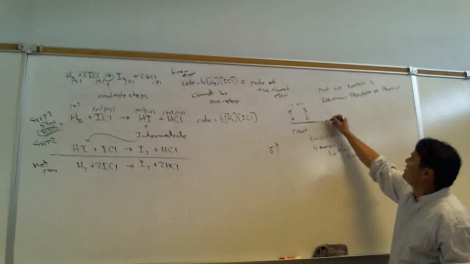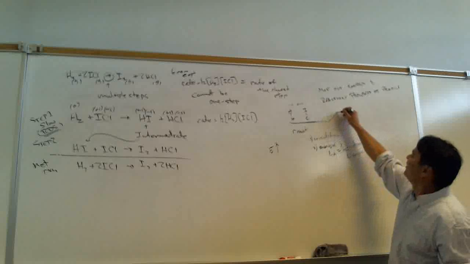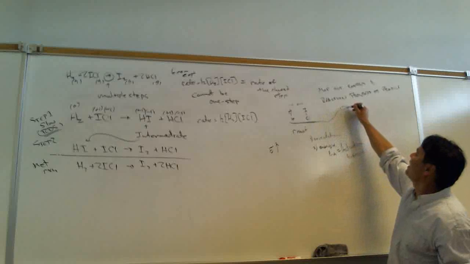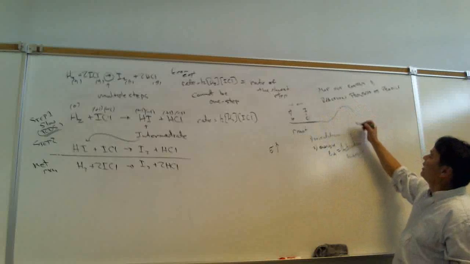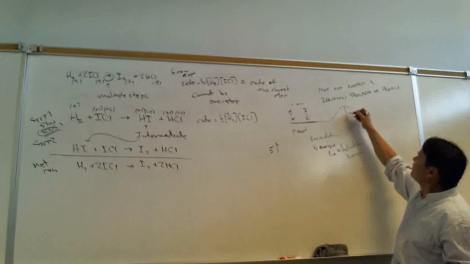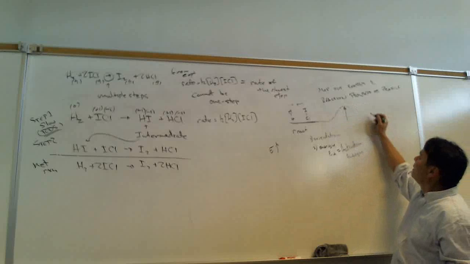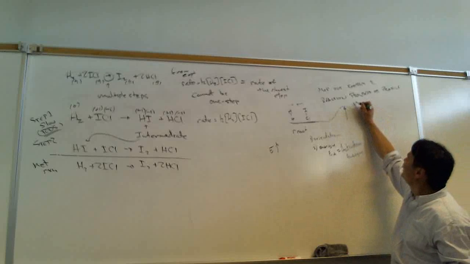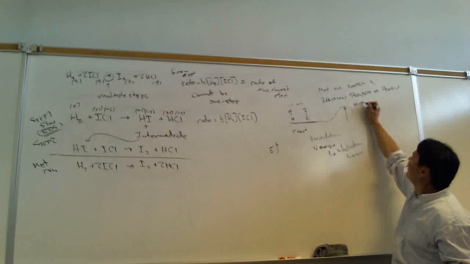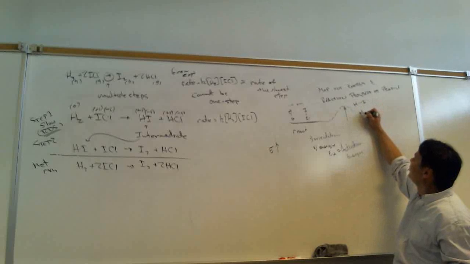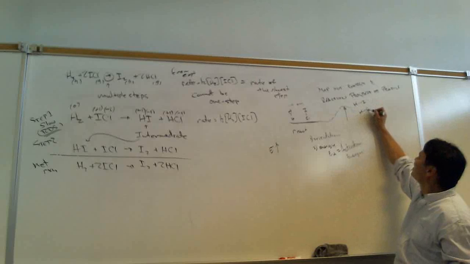And then what we do is we draw this going up, because the collision has to be energetic enough so that bonds can be broken and new bonds can be formed. And so what we end up with is here, where a new bond is being formed between the H and the I, and a new bond is being formed between the H and the Cl.